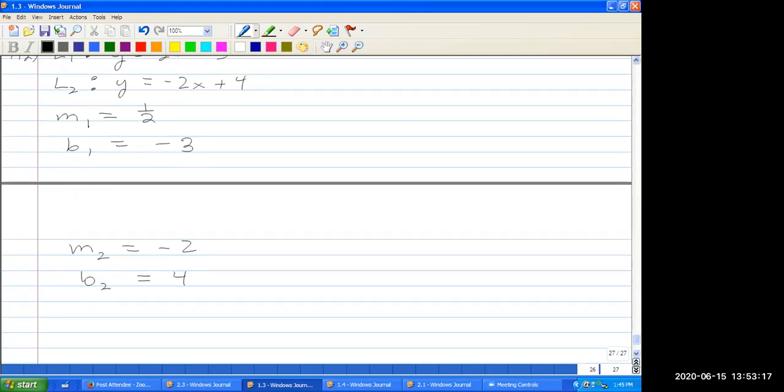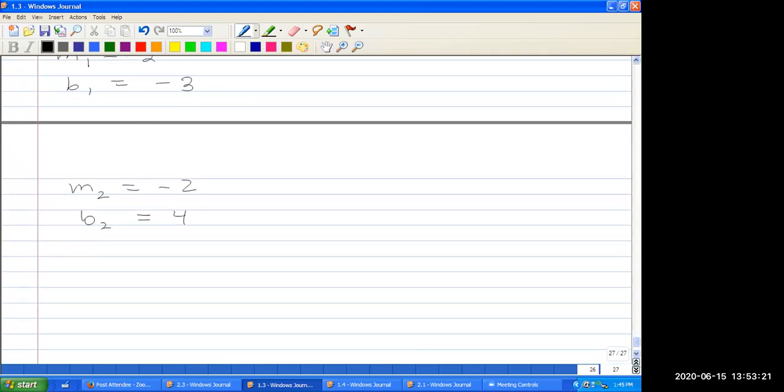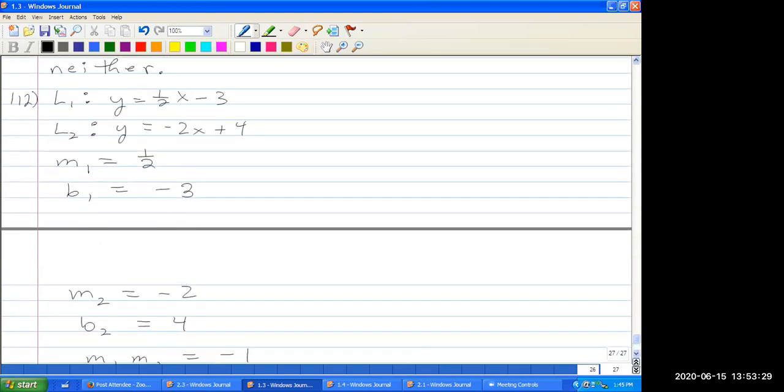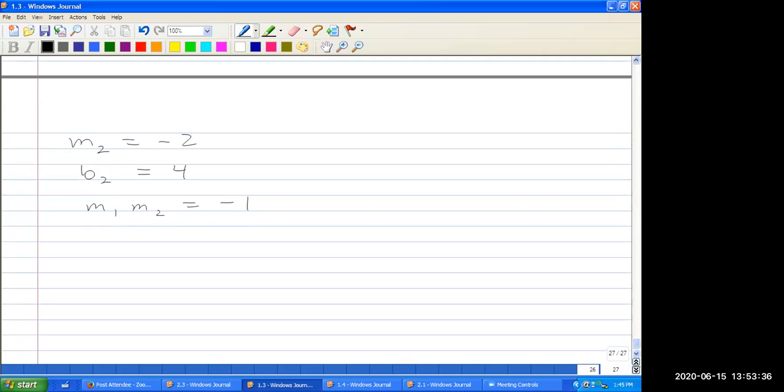Well, these certainly are not parallel lines. 1/2 is not the same as -2, but their product is -1. One is the negative reciprocal of the other. 1/2 is the negative reciprocal of -2. And so therefore, these two lines are perpendicular. And that is your answer. Okay.